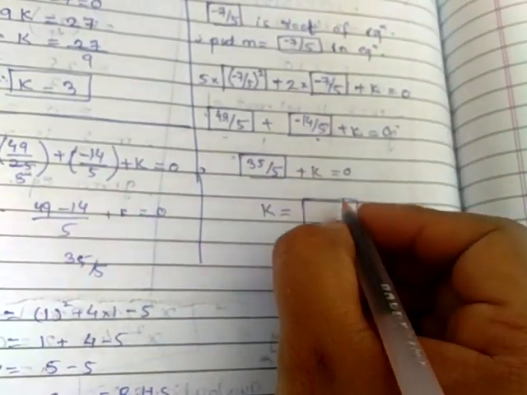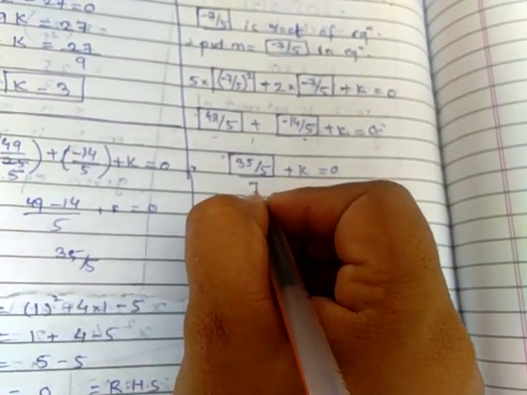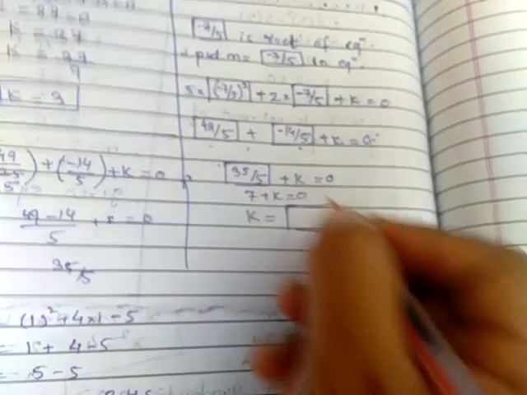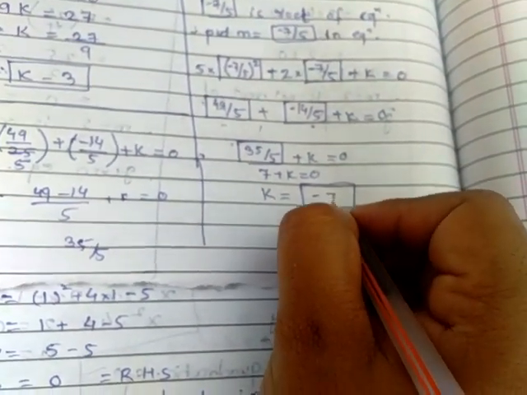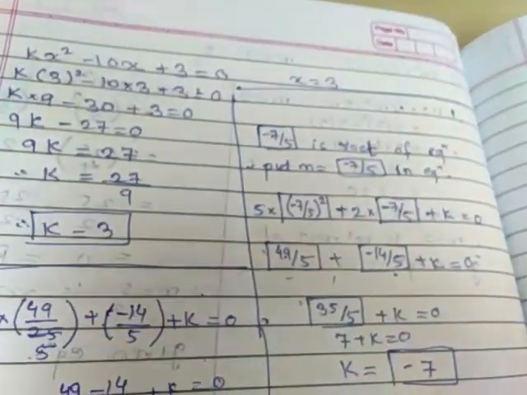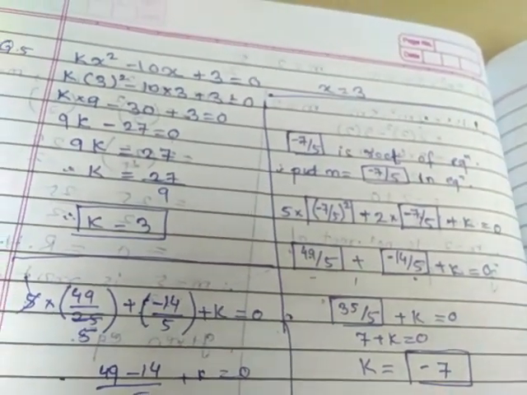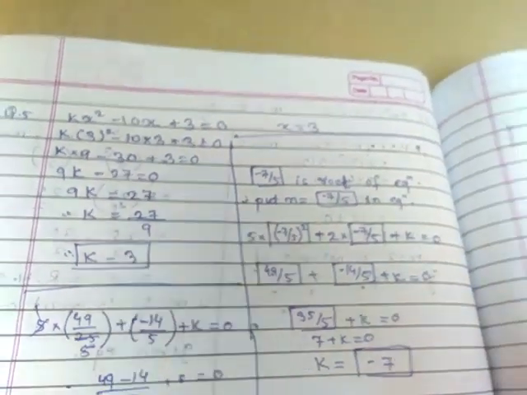It gets cancelled, and minus 7 plus k equals 0. So the value of k is minus 7. So like this we have completed our practice set 2.1.